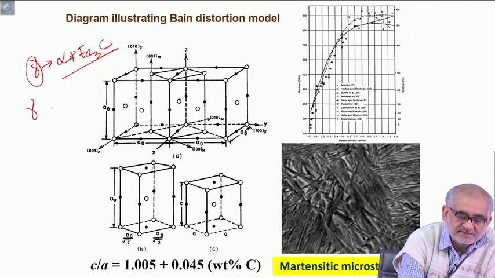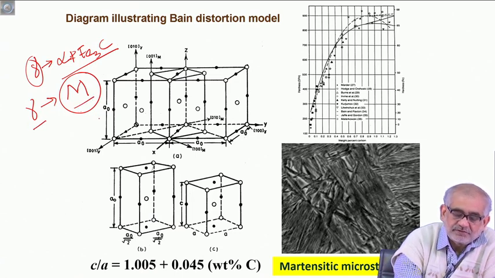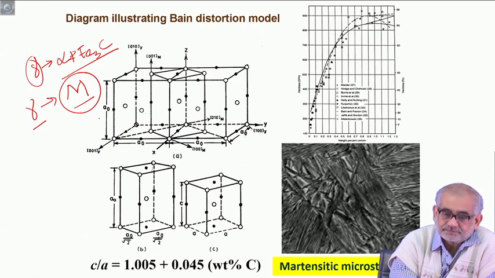In case of martensite, what we expect is a product which is either a body centered tetragonal or a low tetragonality cubic system. So, the crystal structure changes without any change in composition.